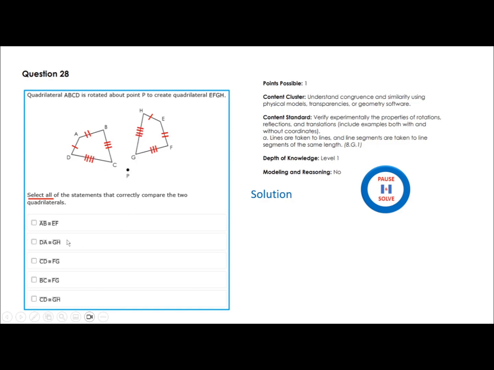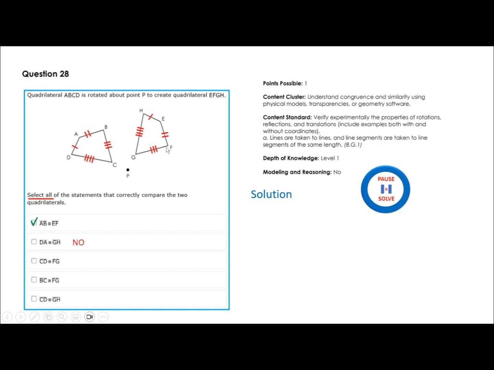Now let's see. Is AB equal to EF? Yes. Is DA equal to GH? No. Is CD equal to FG?